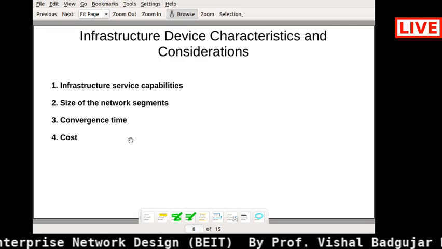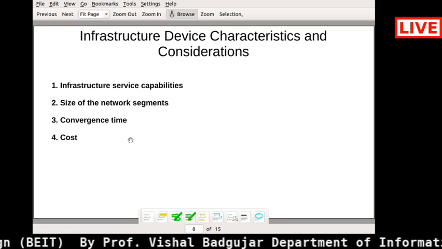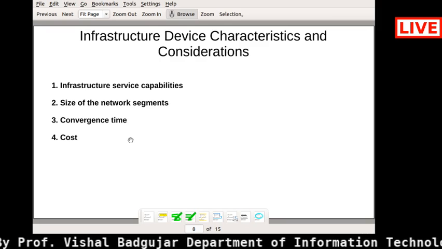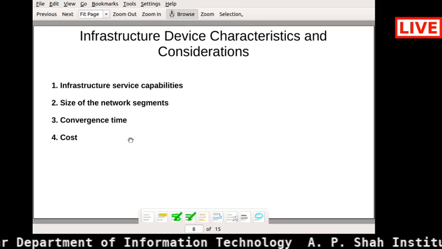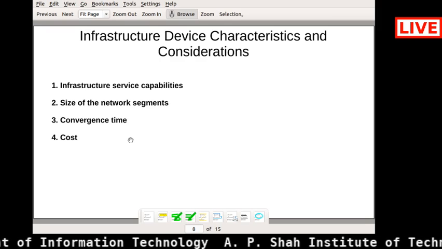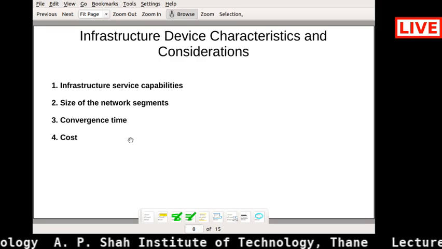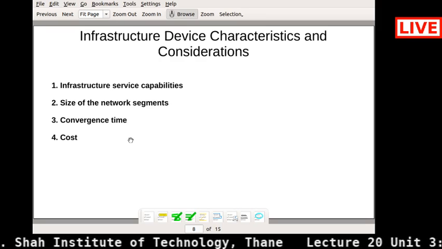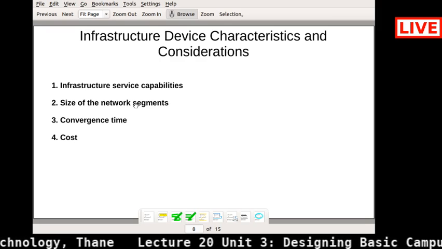For example, if the service is giving you IP multicasting, if your service is giving you proper QoS, that is quality of service parameters, and so on, you must identify the capabilities of your infrastructure layer services.